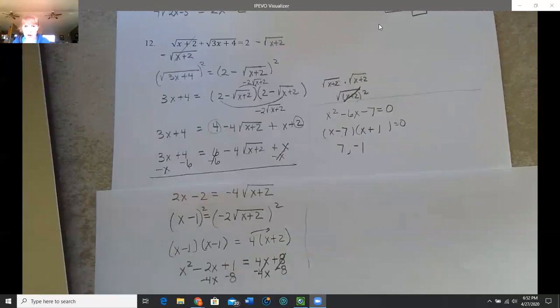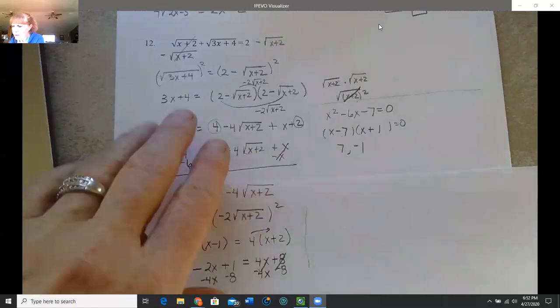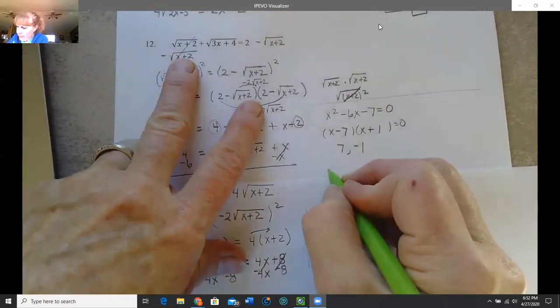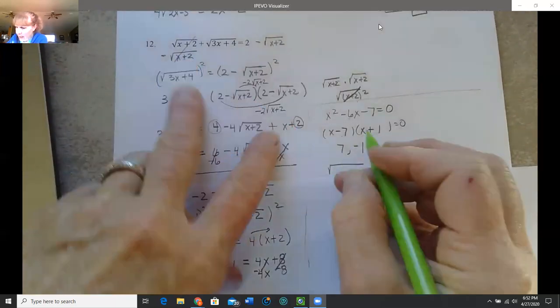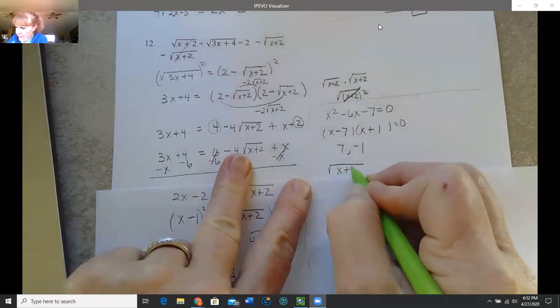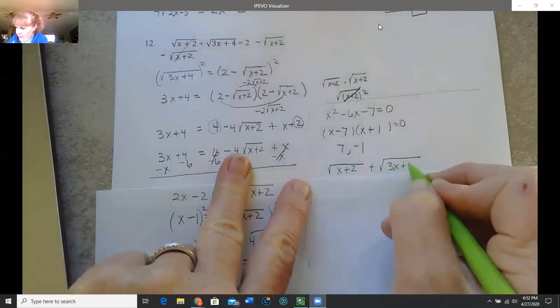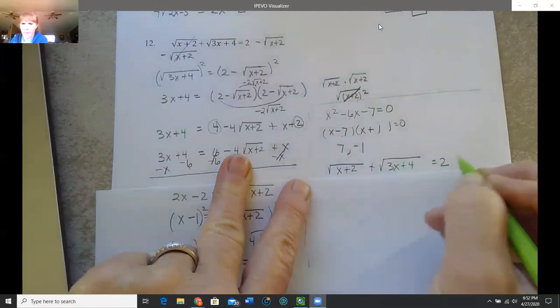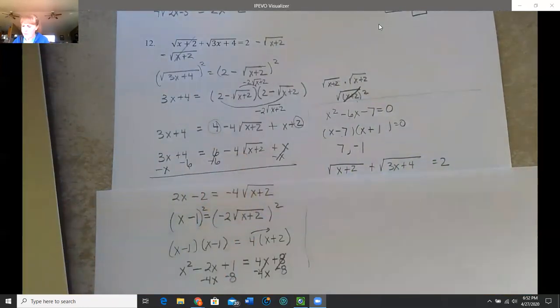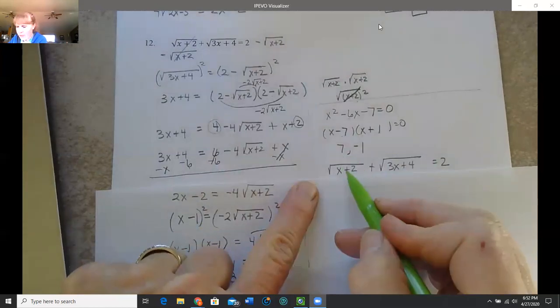So let's go through our check now. Here's my original. I'm going to write it down: x plus 2 plus the square root of 3x plus 4 equals 2. Now, we're going to put in a 7 for our check.